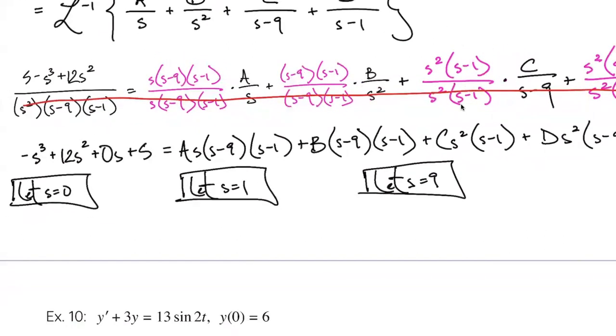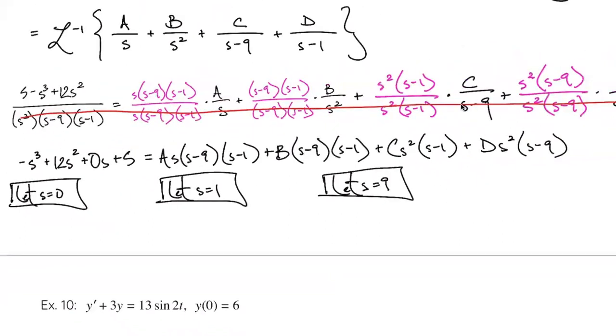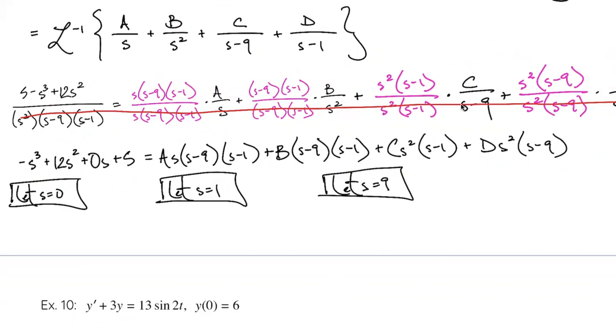Now keep in mind that we have to plug the number in on both sides. And so I'm gonna need to plug 0 in on the left-hand side as well as the right-hand side. If I plug 0 on the left-hand side, I'm just gonna get 5 equals, and let's see what goes away here. This first term is gonna go to 0. The third one and the fourth one are all gonna go to 0.